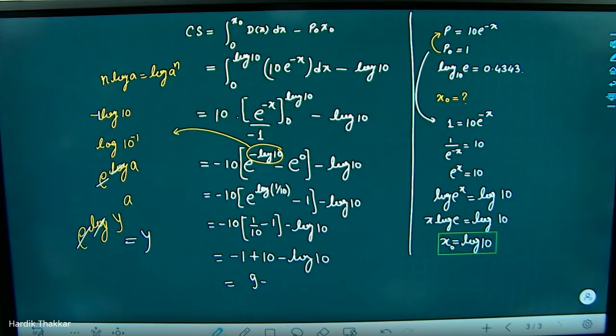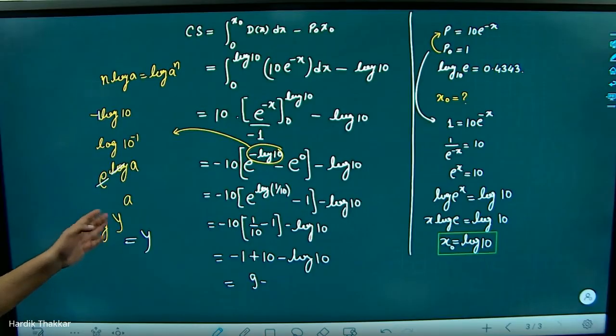But why are we cancelling e and log? It is one of the properties of logarithmic function. It is like taking anti-log. I can explain this part separately after the solution.